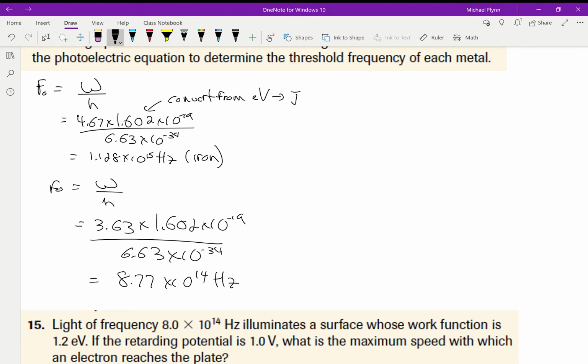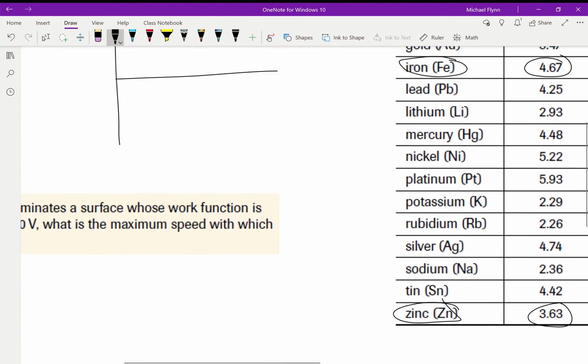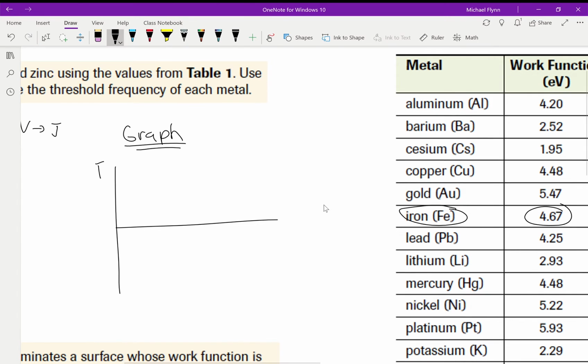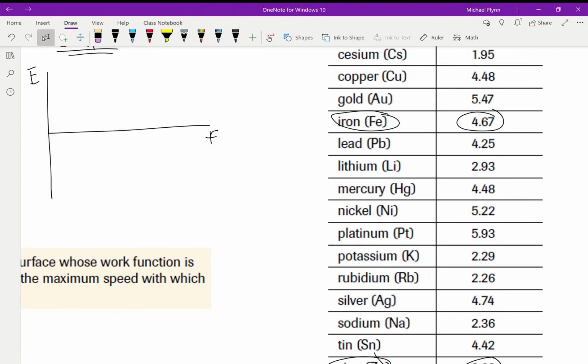Okay, now we're going to draw our graph. It's just going to be a sketch. So when you're sketching this, you need to make sure you have some negative value space. Here, we're going to go energy versus frequency. This is energy of the photoelectrons versus frequency of the emitted photoelectrons.